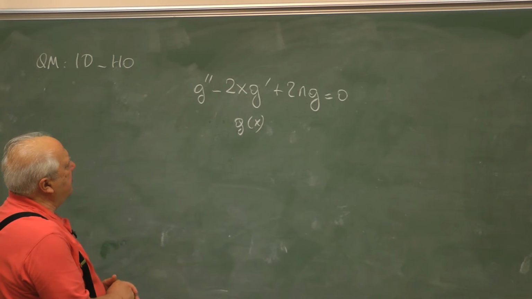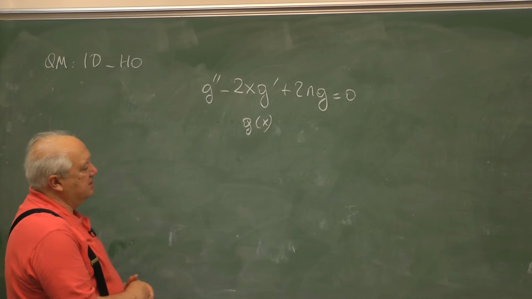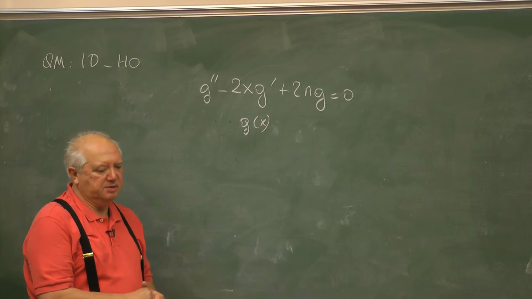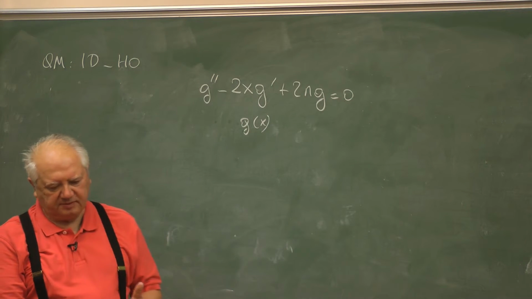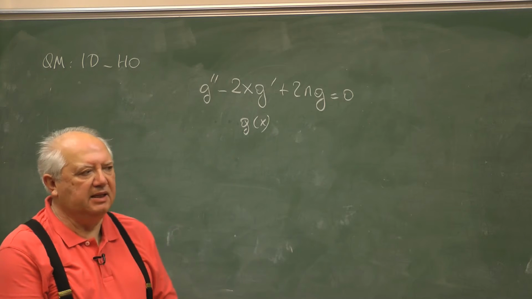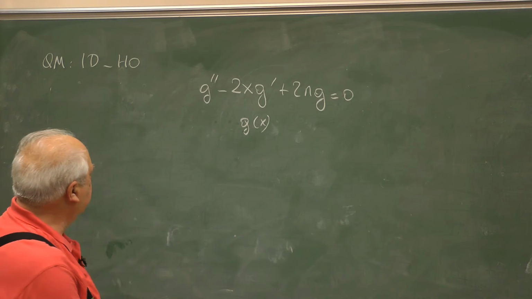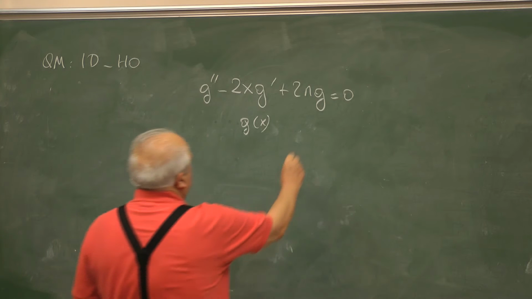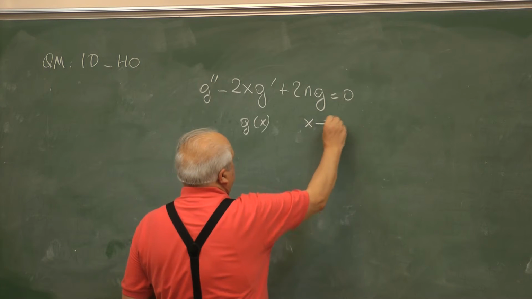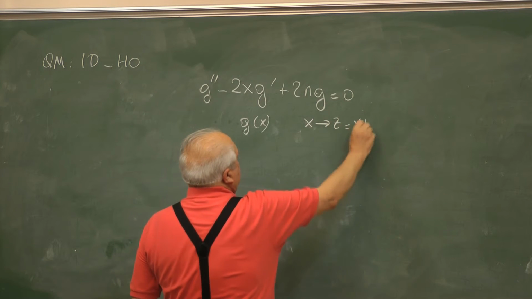It's interesting to look at the properties of these Hermite polynomials in the complex plane. So instead of x, let us use z, x plus iy.